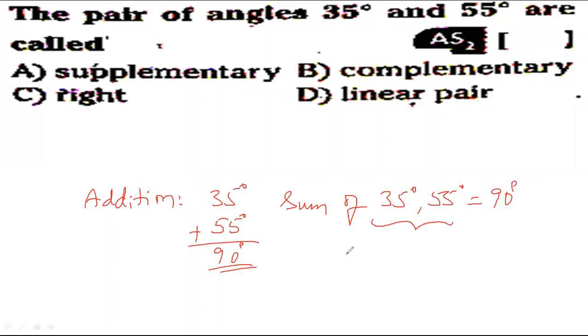Such type of angles are called complementary angles. If the sum of any two angles is 90, such angles are called complementary angles. Option B is correct. If the sum of angles happens to be 180 degrees, such angles are called supplementary angles.